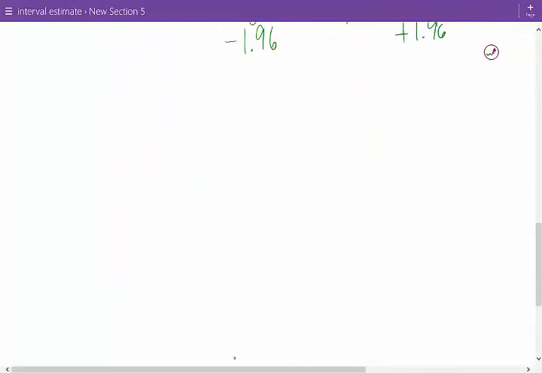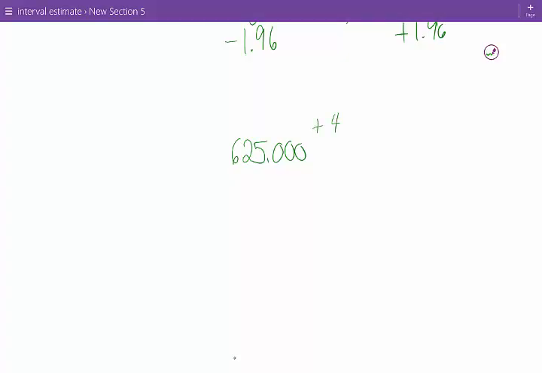Now to get our interval, we're going to start off with our mean of 625,000. And to that mean, we're going to add a margin of error. And when we do that, that's going to give us 674,000.